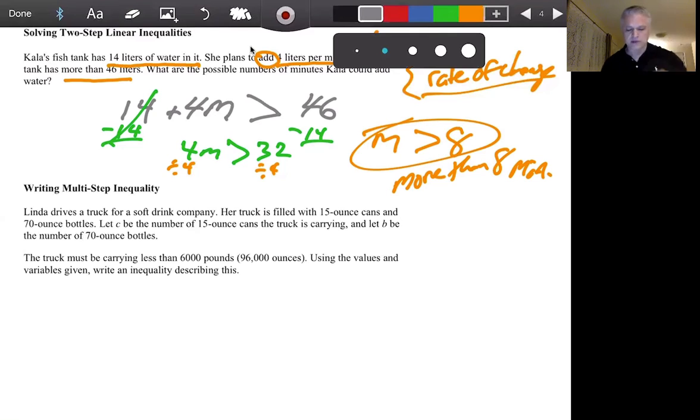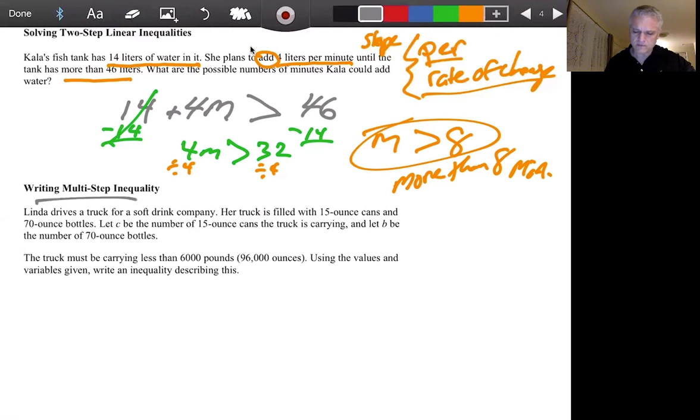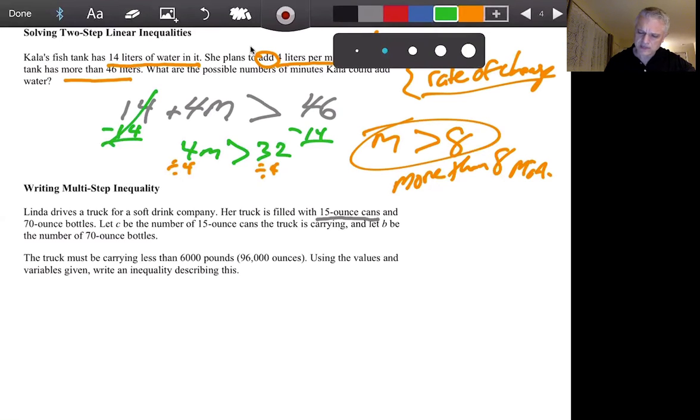Okay, now let's look down here to the multi-step inequality. Linda drives a truck. Good for Linda. For a soft drink company. The truck is filled with 15-ounce cans and 70-ounce bottles. So 15-ounce cans, 70-ounce bottles.